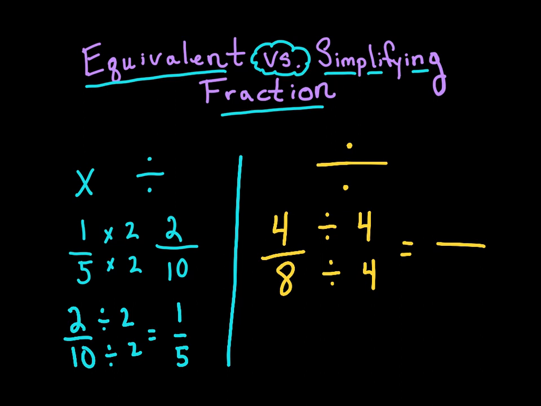So the numerator would become 1, and the denominator would become 2. So it's a half. 4/8 can be simplified to a half. It also is an equivalent fraction. 4/8 and a half are equivalent, but in this situation, they are being simplified.